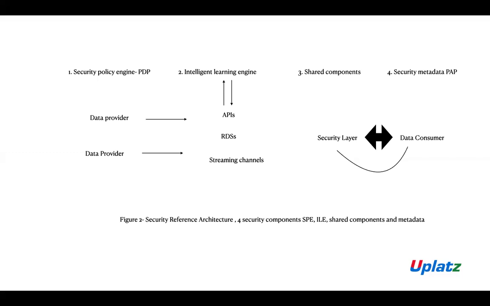In this and the following sections, I'll explain what these components are and how they work with the existing building blocks of the architecture. The security reference architecture is based on the ABAC security model because ABAC, as opposed to RBAC, offers more fine-grained security rules needed to secure the combination of different data attributes.